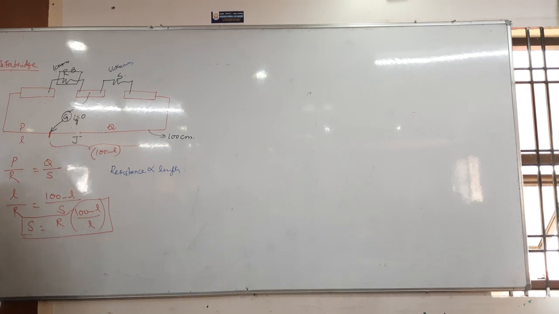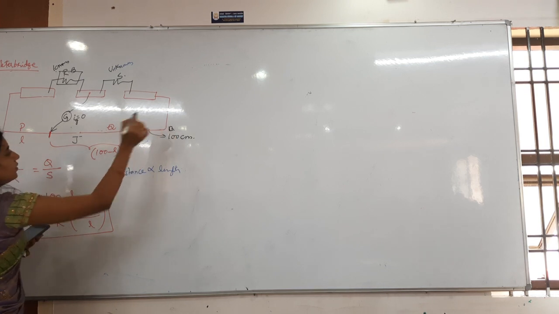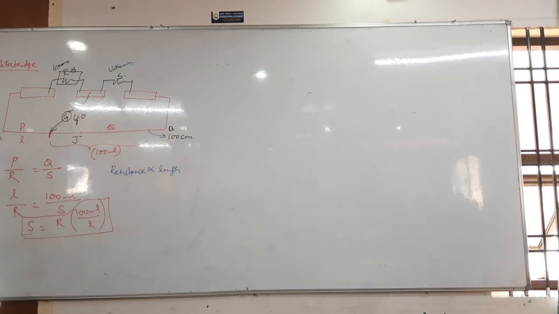And the distance of the null point from point B is 45 centimeters. A to B is left to right, and B to A is right to left. Then find the value of S.